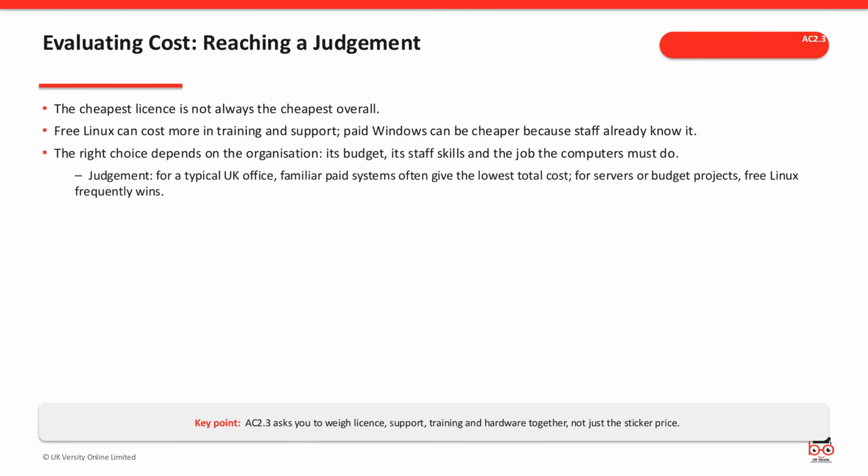The right answer depends on the organization, its budget, its people's skills, and the job the computers must do. For a typical UK office, familiar paid systems often give the lowest total cost, but for servers or tight budget projects, free Linux frequently wins. The trick is to weigh license, support, training, and hardware together.